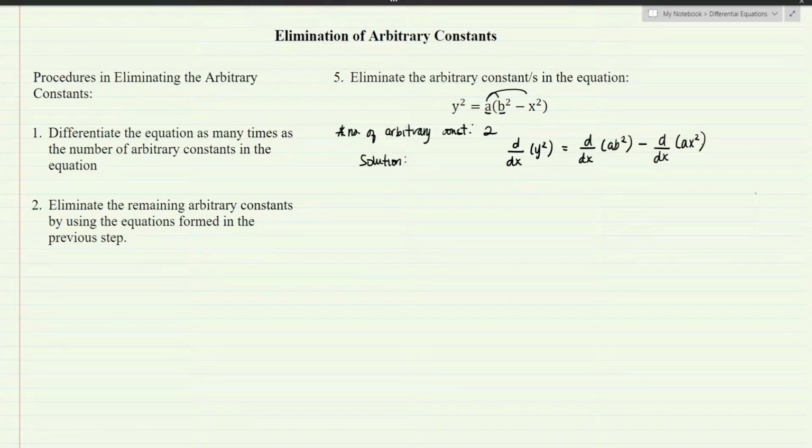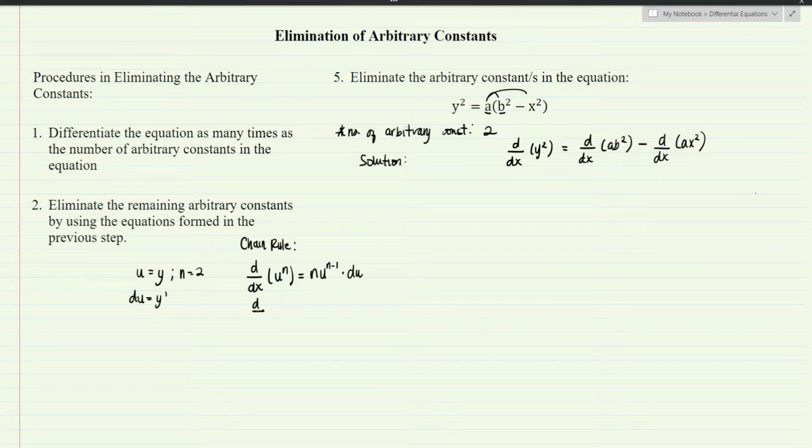Now for the left side of the equation, in order for us to get the derivative of y squared, we will use what we call the chain rule. And the chain rule states that if you have a function u raised to n, its derivative is n times u raised to n minus 1 multiplied by derivative of u. So if I let u be equal to y and n equal to 2, we would need to get the derivative of u, and that is y prime.